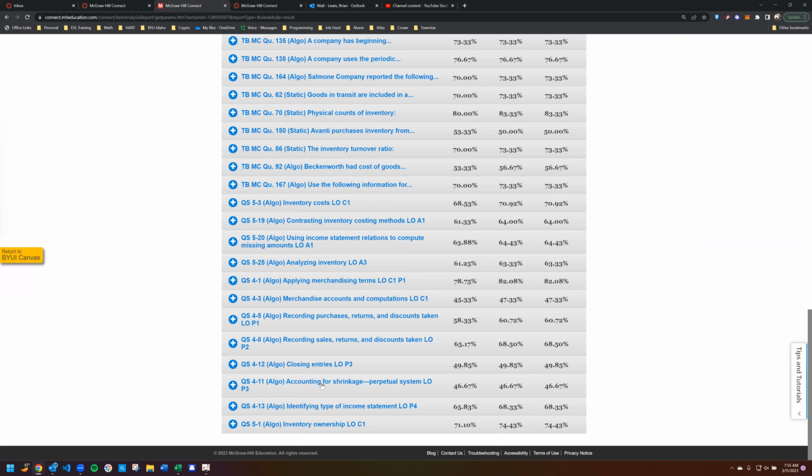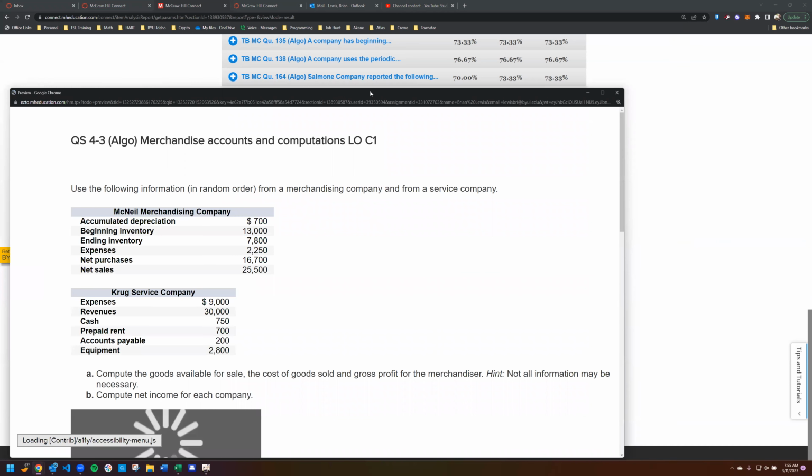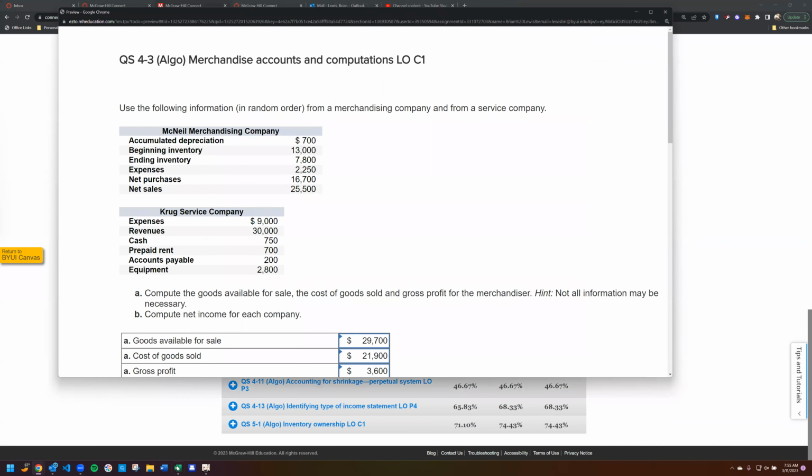Yeah, that's helpful. Probably, or merchandise accounts computations. Trying to think of what might be on the final exam. So let's think, I don't think shrinkage is probably going to come up. And plus you got 45 out of this one. So let's do this one. Okay. So let's see what we got here.